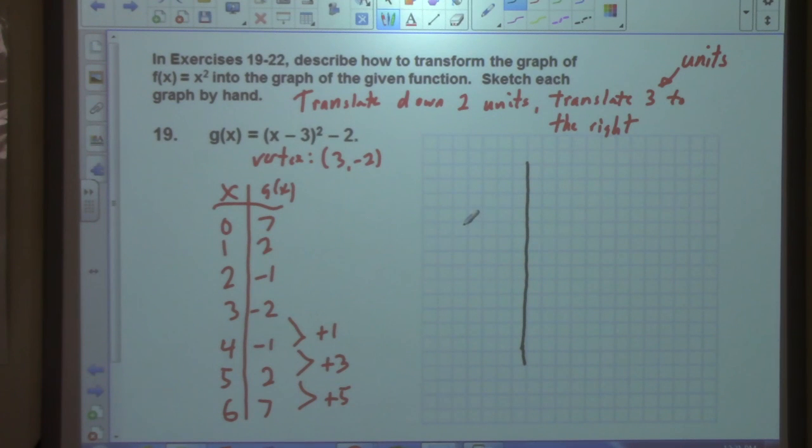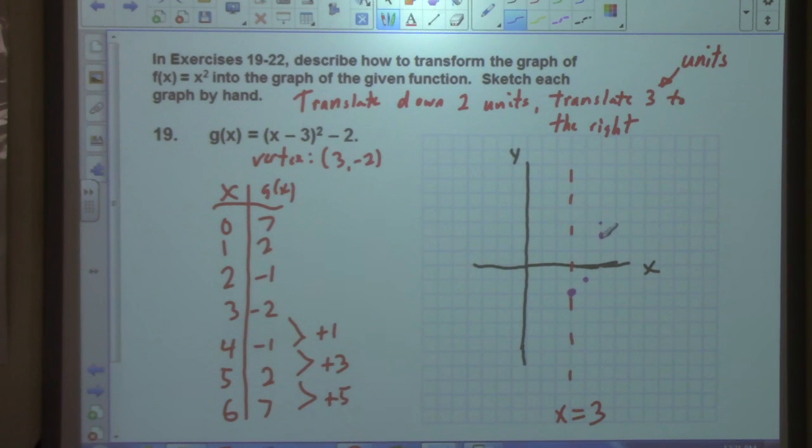And so now we have something like this. Just trying to make sure we have enough room. That'll be enough room. So we have x equals 3, and our vertex is 3, negative 2. Then we can go plus 1, plus 3, 1, 2.